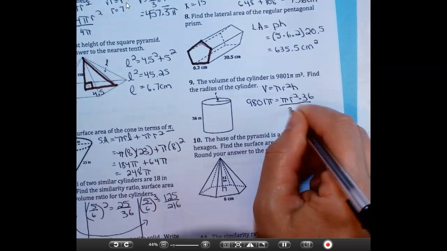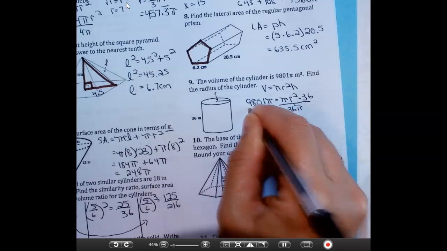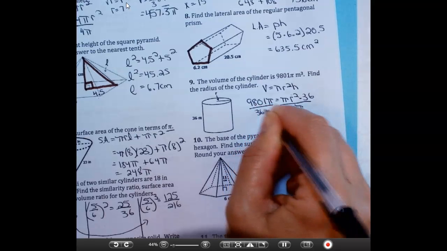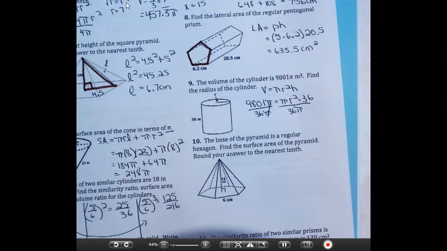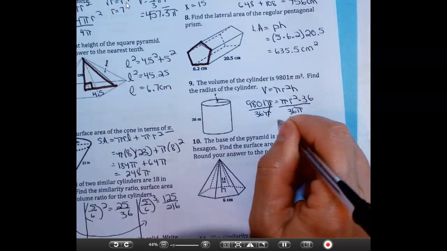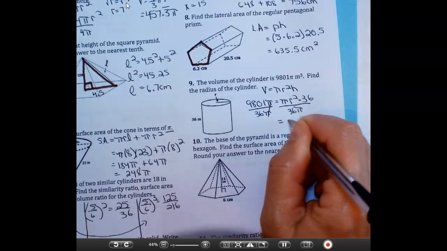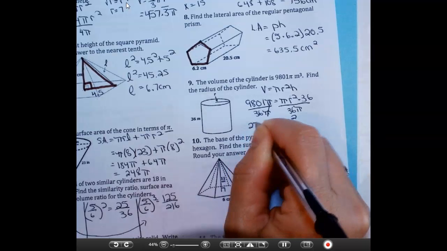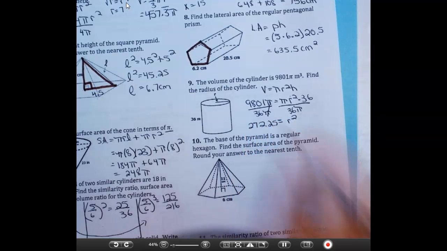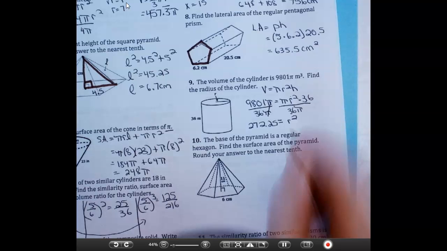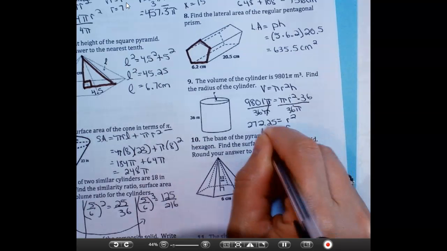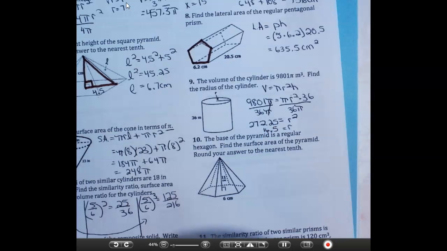So to get r by itself, I need to divide by 36 pi. Again, those pi's can cancel out. And I've got r squared is 272.25, and to get the radius, we're going to take the square root, and I get a radius of 16.5.